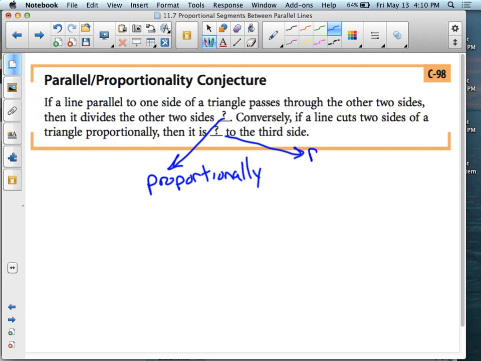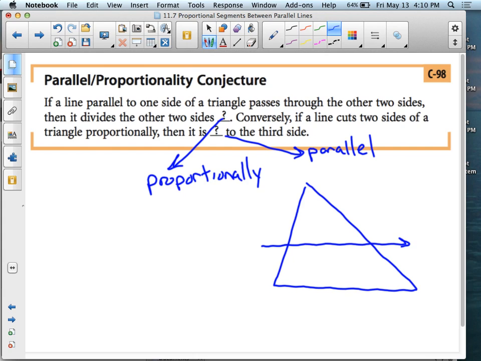Then it must be parallel to that side. So if we have a triangle and we draw a line that is parallel to that side, and if we call those sides A and B and call those C and D, we can say that A is to C as B is to D. Very nice.